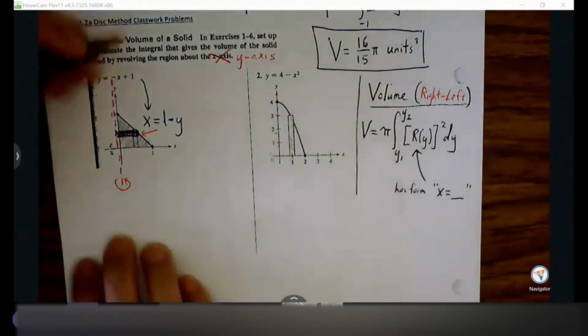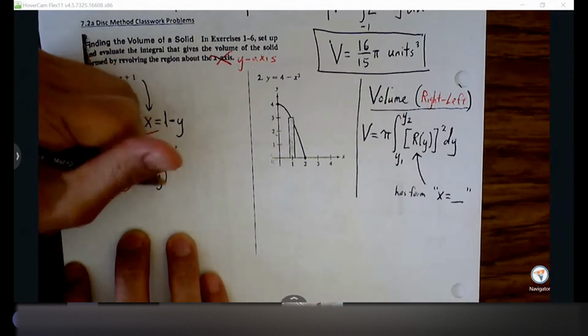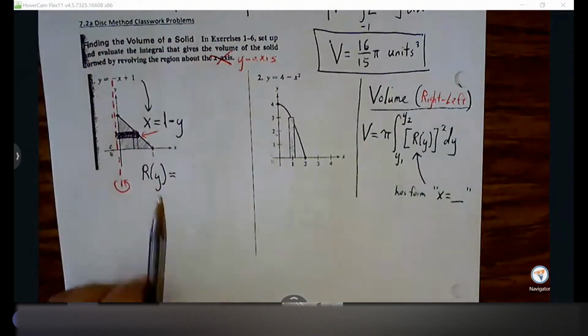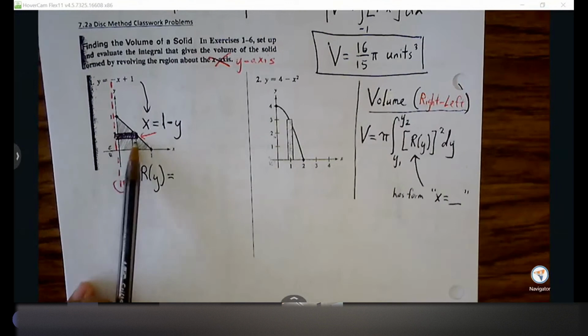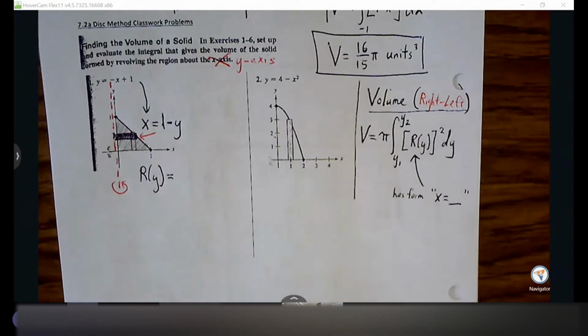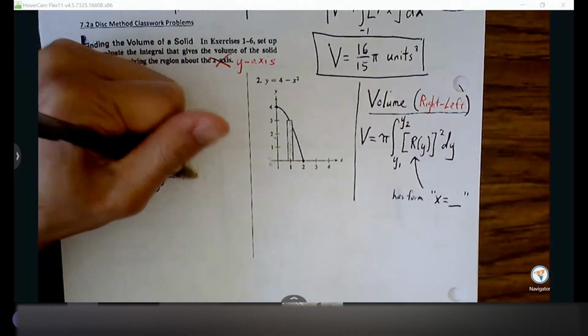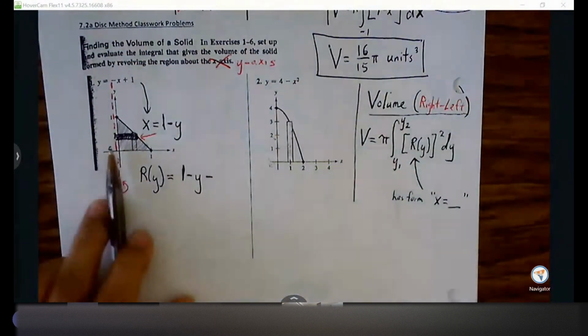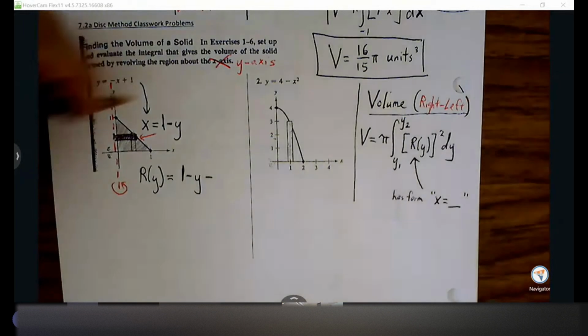So let's start building our radius first, big R. Okay, right minus left. So we have a horizontal radius. What's the right endpoint of the radius touching? 1 minus y. Minus, right minus left. Left endpoint is 0. So look at the form.